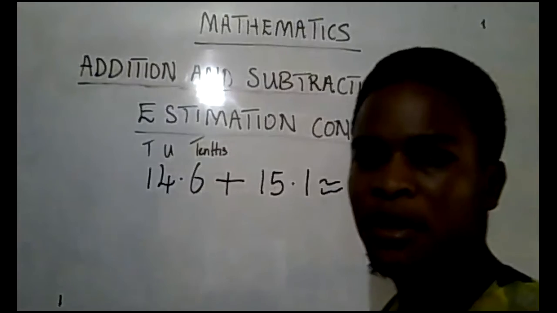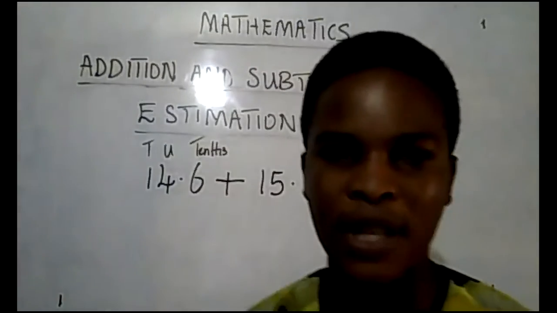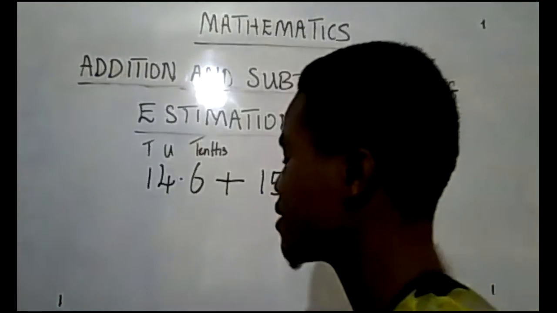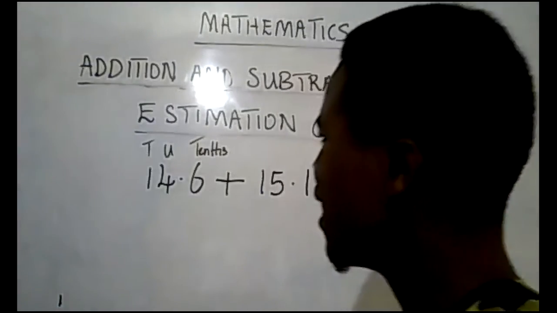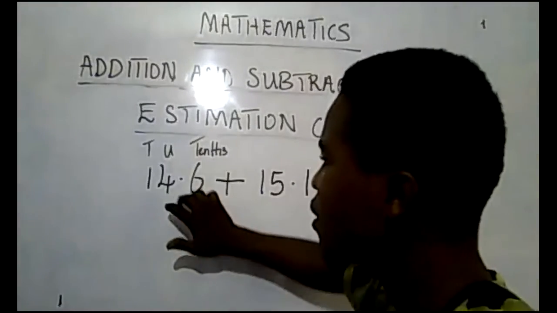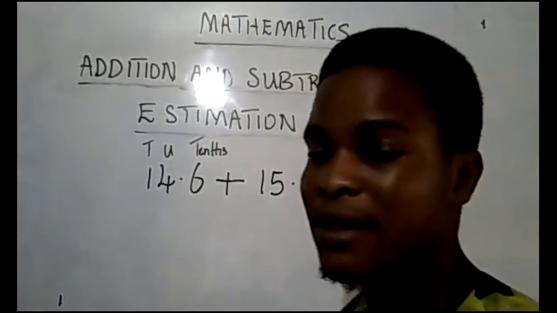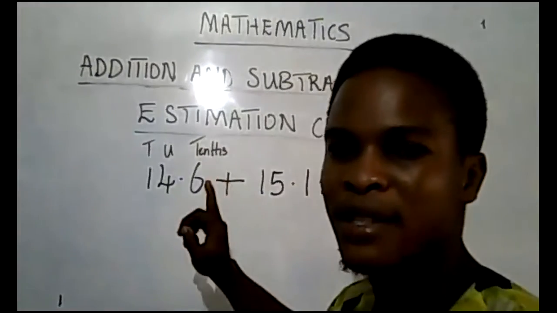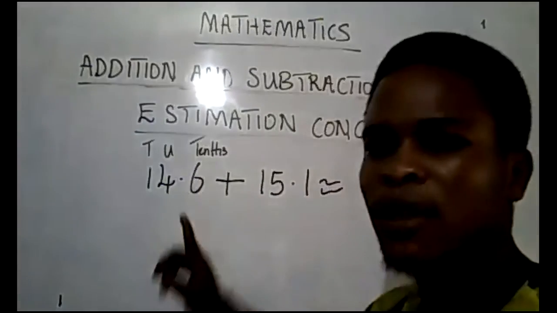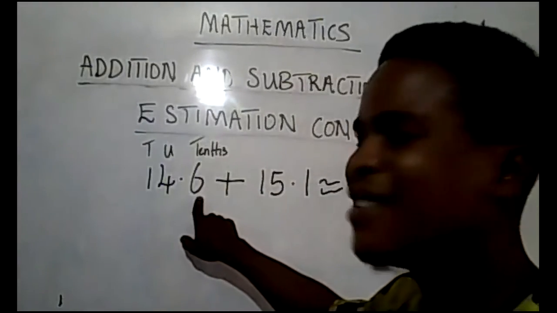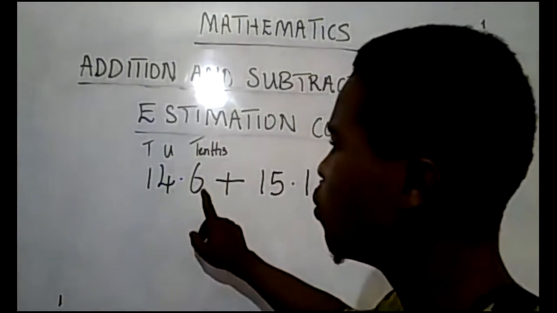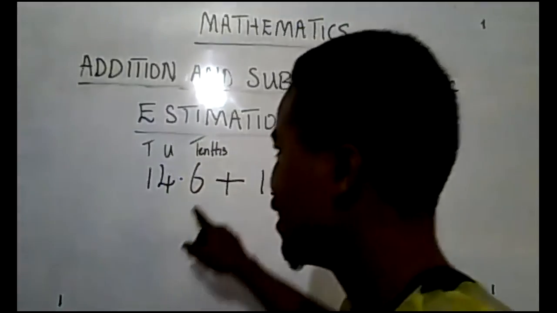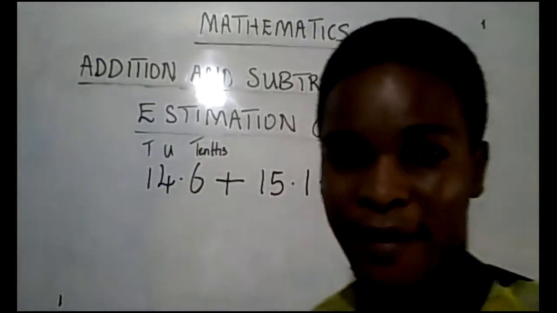And according to the instruction given to us in the previous class on how to convert decimal numbers to whole numbers, we were told that whenever you are to convert decimal numbers to whole numbers, the first thing you look at is the number in the 10th place. And in this case, the number in the 10th place is 6. So the first thing you do is to change this 6 to 0. Don't forget that this 6 is bigger than 5.